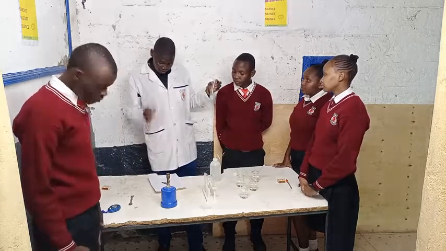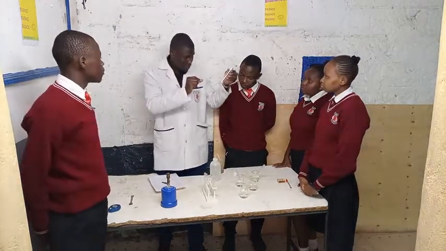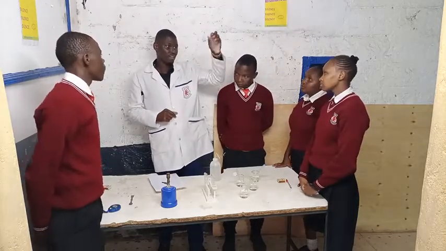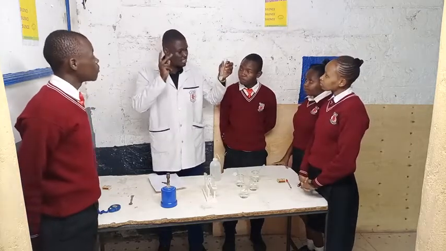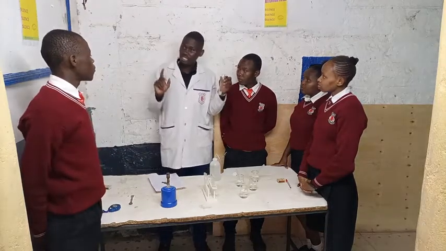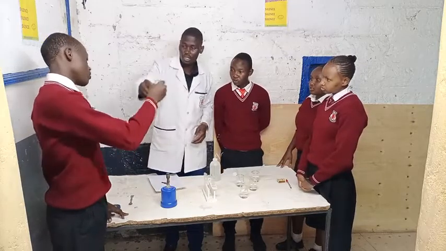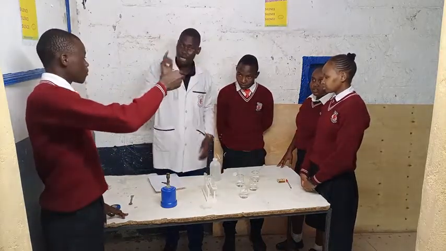Now, the observation that we're making is that solid X dissolved in water to form a colorless solution. Which inference? We have two inferences that we can make. We can say that colored ions are absent. It has dissolved to form a colorless solution, so colored ions are absent.